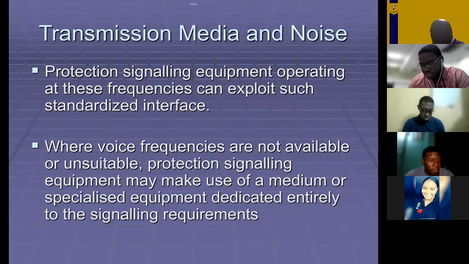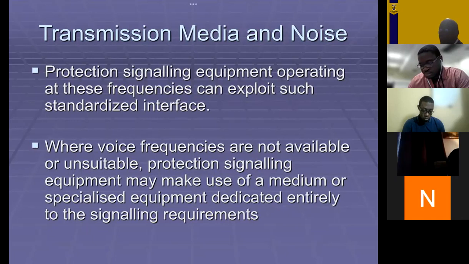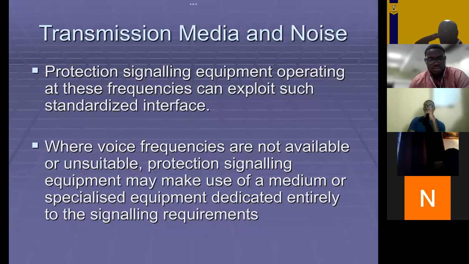So you can have a telephone network, you can talk between substations, but if all of that is not available, or simply unsuitable, you can then set up your own thing. And that is what we are going to look at in terms of the power line carriers and all of the options that are available. And don't worry, I'm not going to ask you to draw this in an exam.